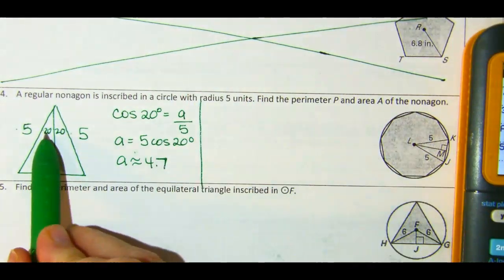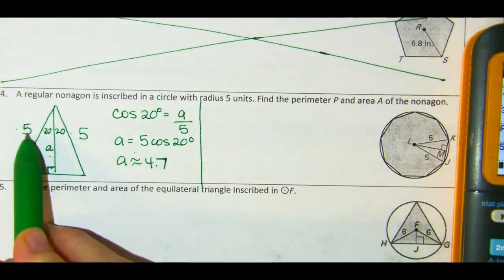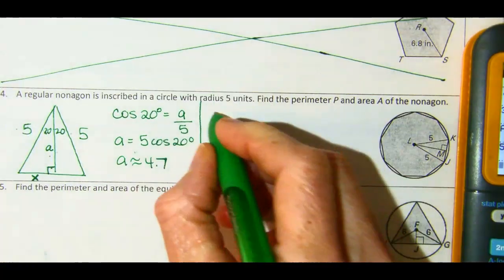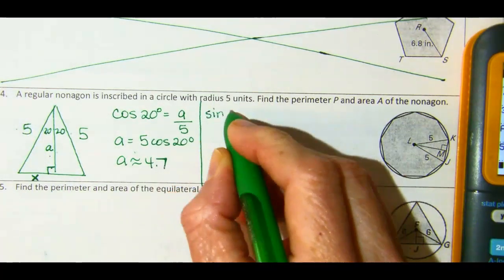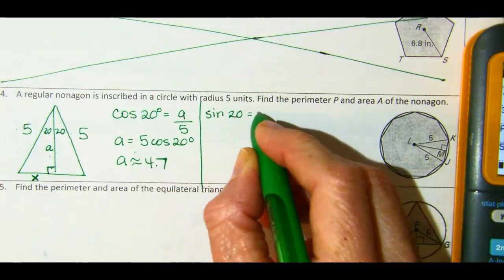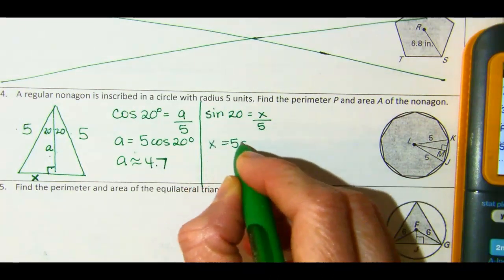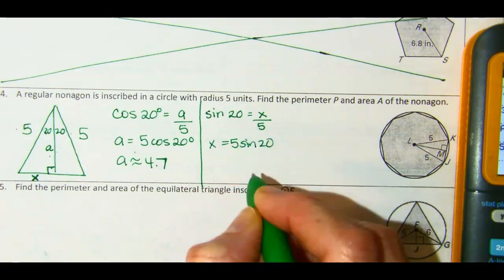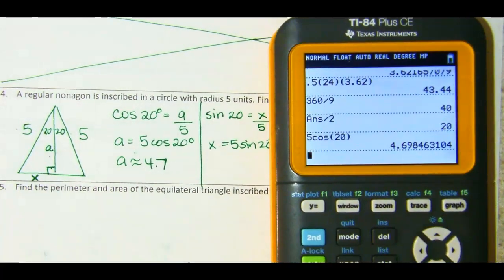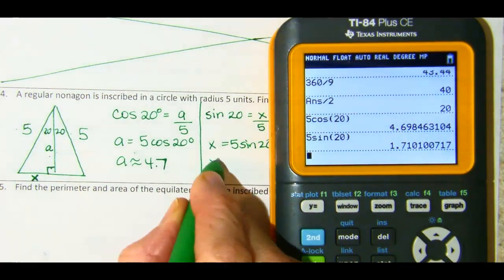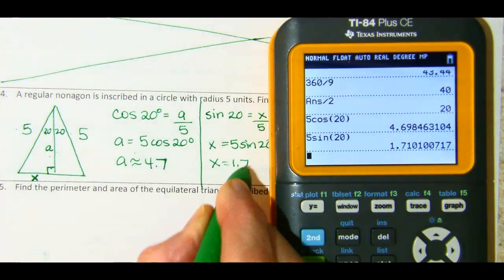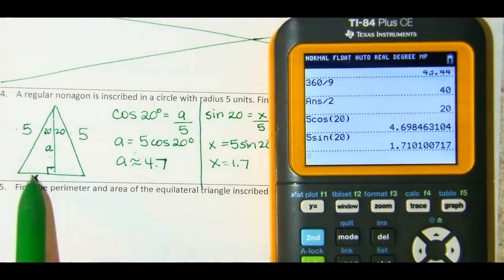Now the next thing we need to find is X. Now in relationship to 20, that's opposite in the hypotenuse. So that is going to lead me to sine. Sine 20 degrees equals opposite over hypotenuse. So X is going to be 5 sine 20. So using the calculator again, 5 sine 20, X is going to be about 1.7, but that's just half of it.